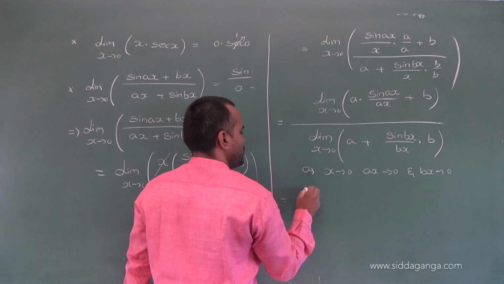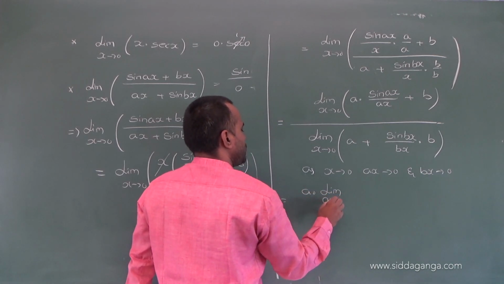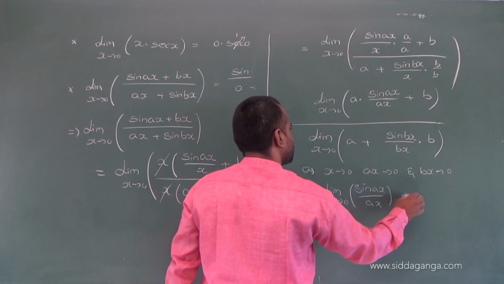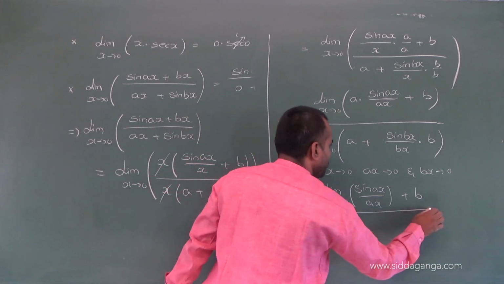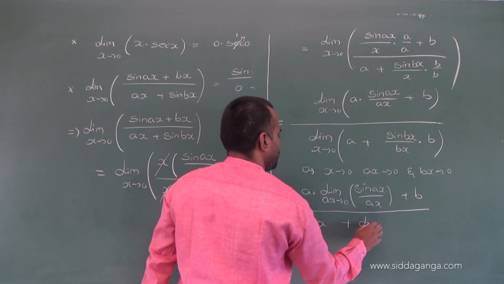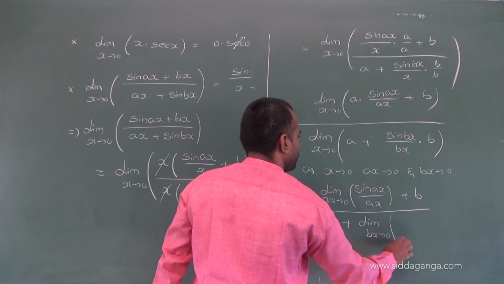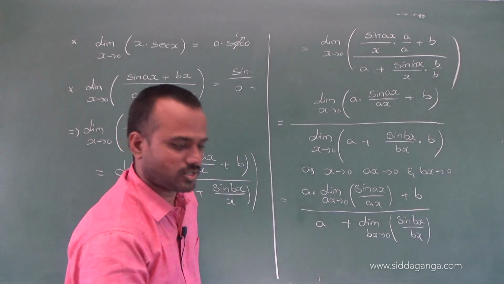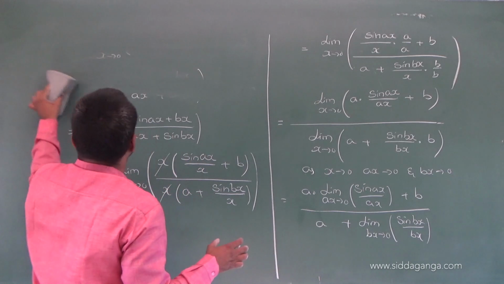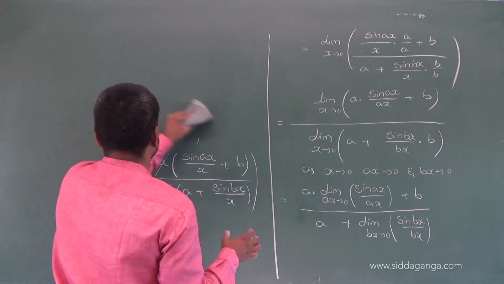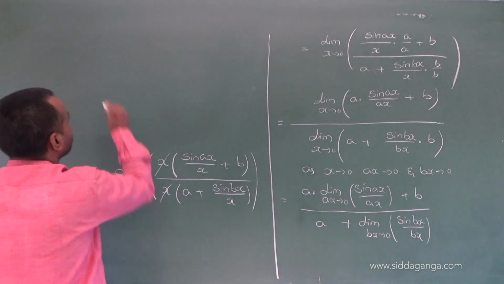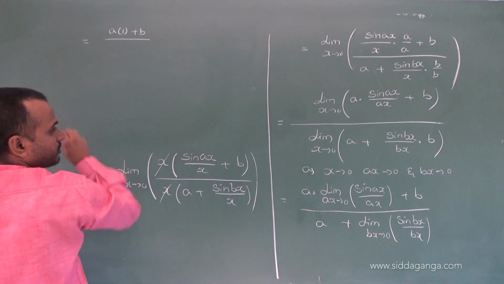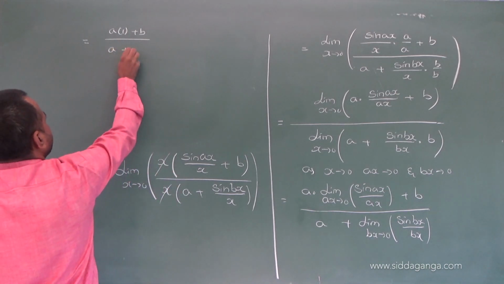So we apply the limit: a into limit ax tends to 0 of sin ax divided by ax plus constant b, whole divided by a, a constant as it is, plus limit bx tends to 0 of sin bx divided by bx, into b. Next, a into 1 plus b divided by a plus b into 1.